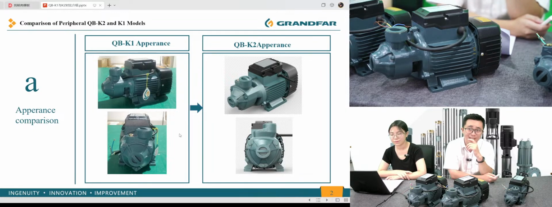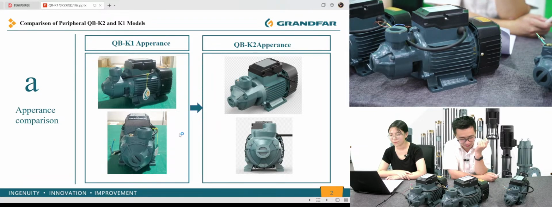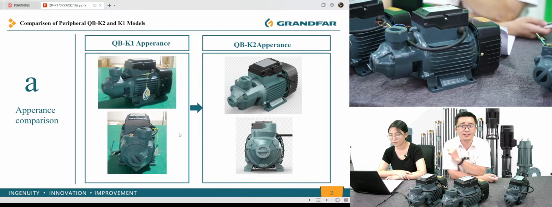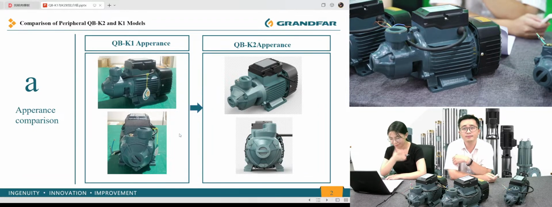Now you can see the right side is the QB series version K2 appearance. We can see there is a little difference between the two kinds of products, like the pump body and the performance. You can find the difference between these two kinds of products.